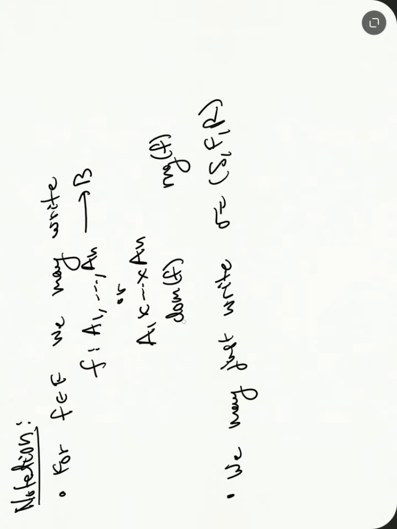I guess what I also should have said is that this is going to be finite. So these are finite strings, so that's okay. What else do we have? Okay, so this n here, this is called the arity of f.